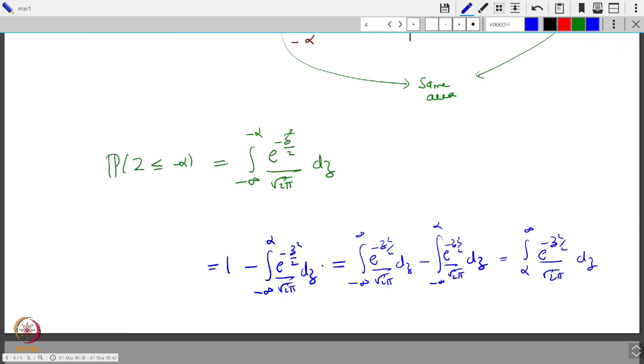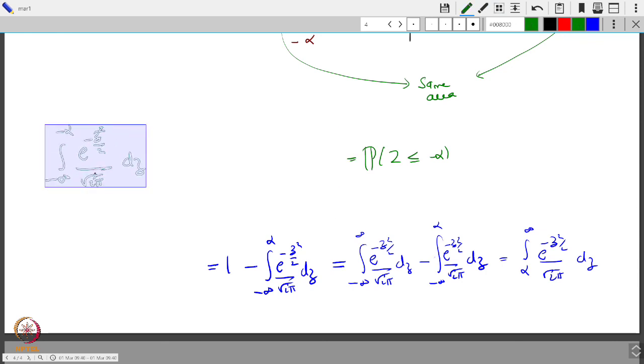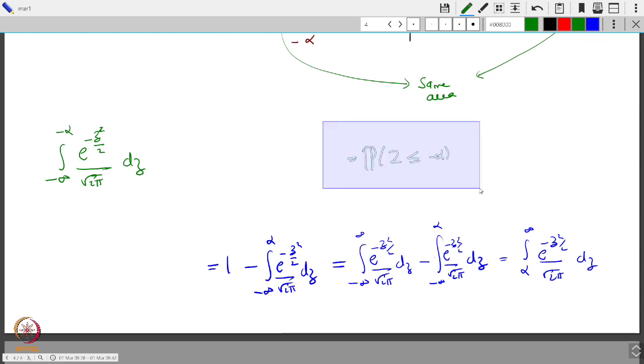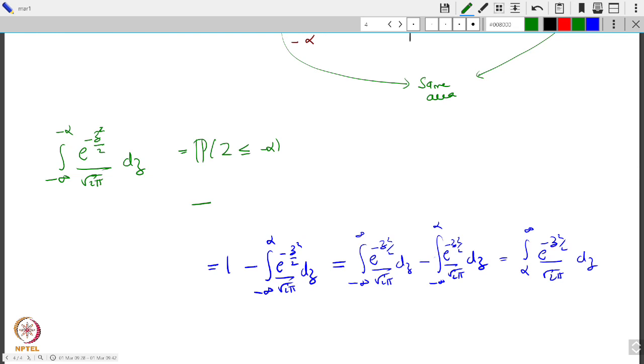Now let me flip it a little bit. Let me move this across to this side. So I start off with the green. The green is this. So how do I come to this? This I know is the same as 1 minus the probability.